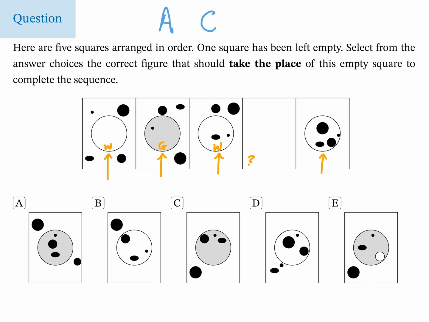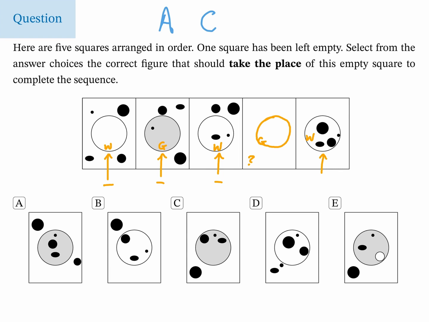We obviously don't know what would happen to the big circle in the fourth diagram. And then in the fifth one, it's white again. So it looks like the pattern that the color of this big circle is following is that it alternates between white and gray. White in the first one, gray in the second, white in the third. So what we expect is a big circle here, which is gray in color. That's the first thing to notice.